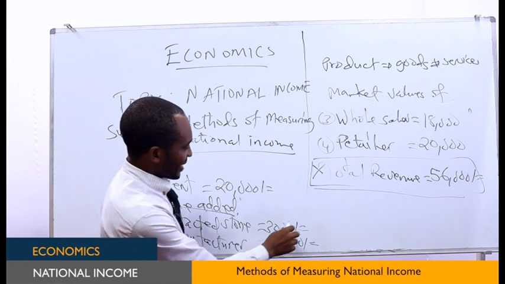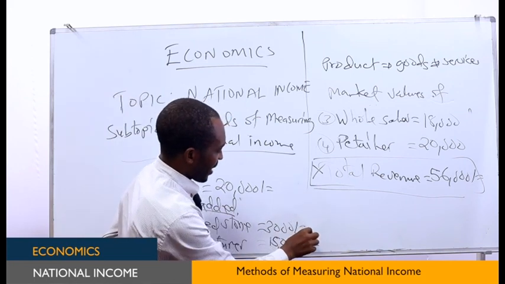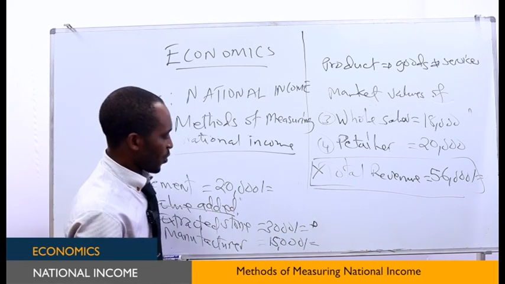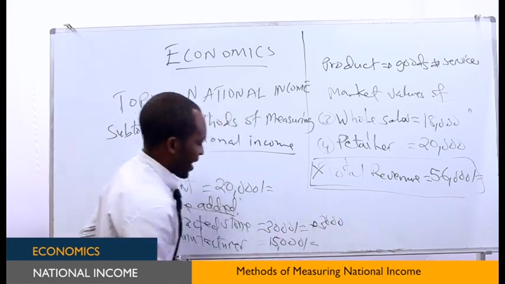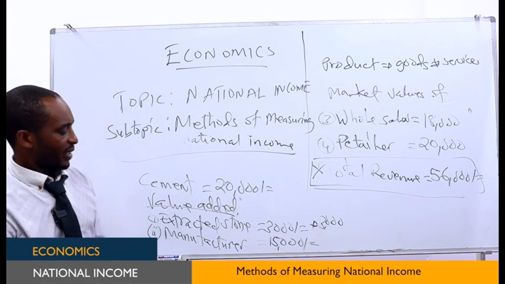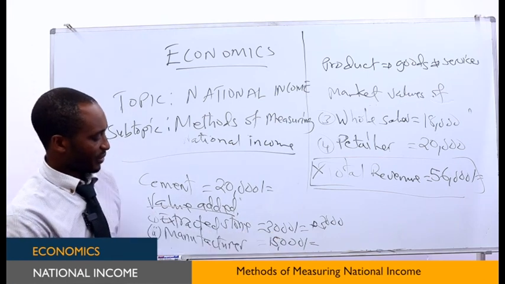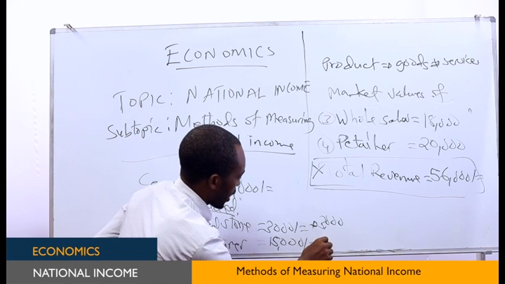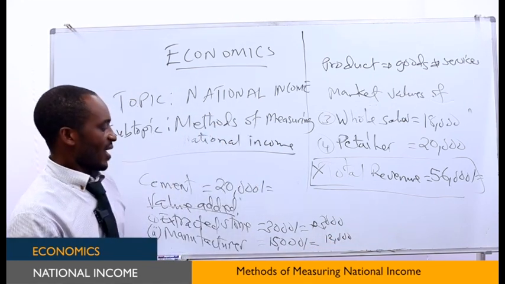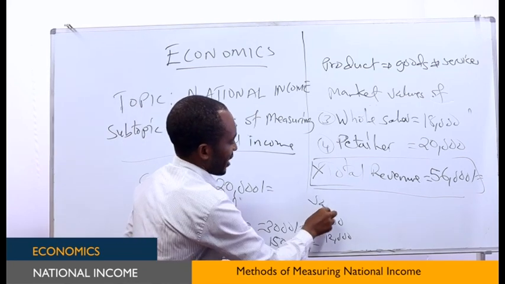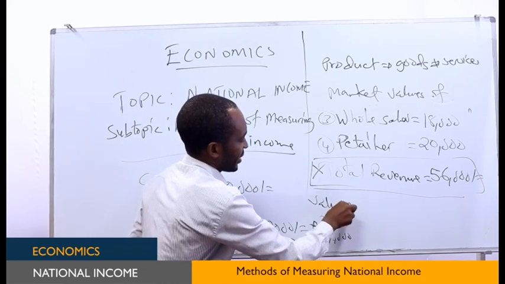Now value added means you take the value which is increased in each stage of production. At stage 1, the value added is 3,000. At stage 2, you see what is increased from stage 1 to stage 2, which is 12,000. So this is the value added in each stage.